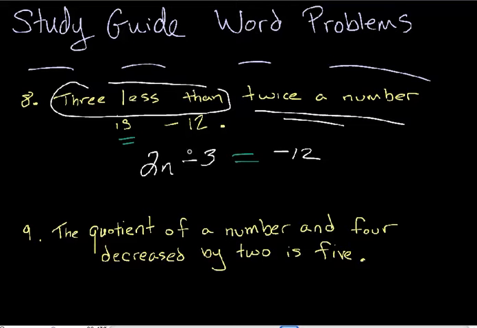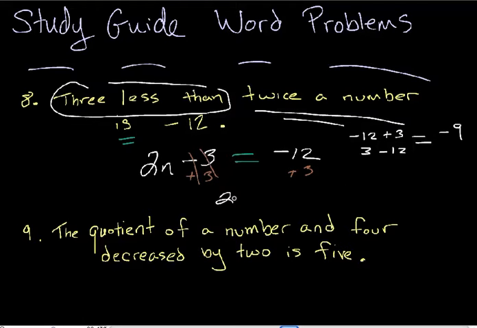I'm going to add 3 to both sides. So I'm going to write my plus 3. These 3's cancel out. And then I'm going to be left with 2n equals negative 12 plus 3, or you can write that 3 minus 12. And either way, that's going to be a negative 9, right?